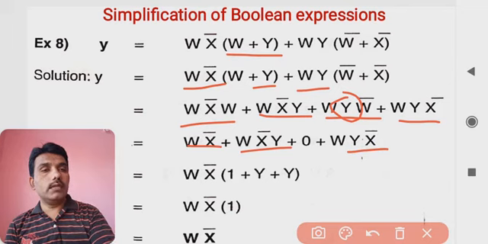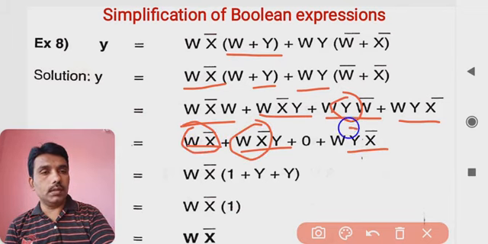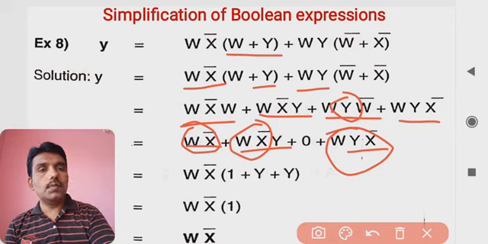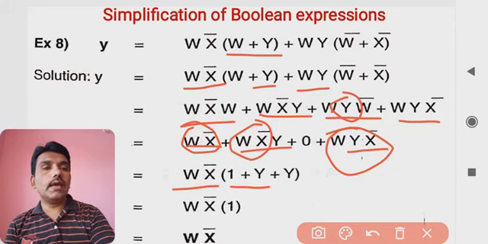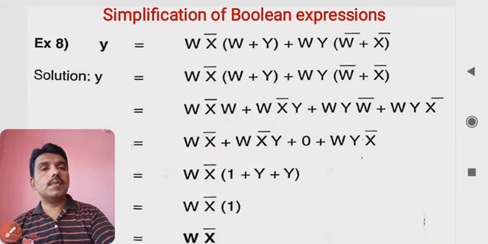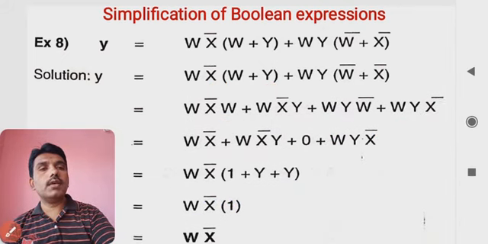Here wx complement will be common in all these three terms, so wx complement in bracket 1 or y, or y or y. So y or y is y, or 1 is 1, and that's why the answer is wx complement only. So this is another simplification for this equation.